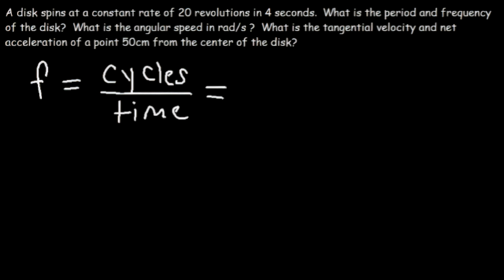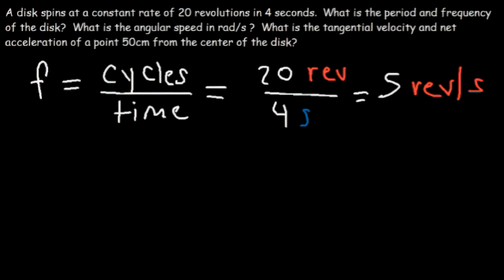So the disk makes 20 cycles or 20 revolutions in a time period of 4 seconds. So the frequency is 20 divided by 4, or it's 5 revolutions per second, which equates to 5 Hertz, which is also a unit of frequency.